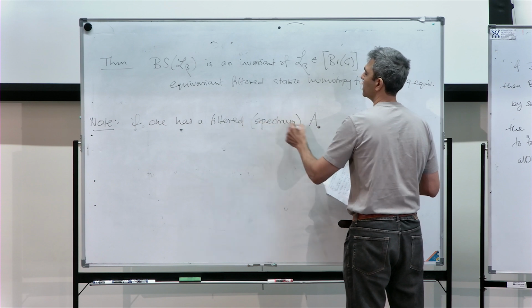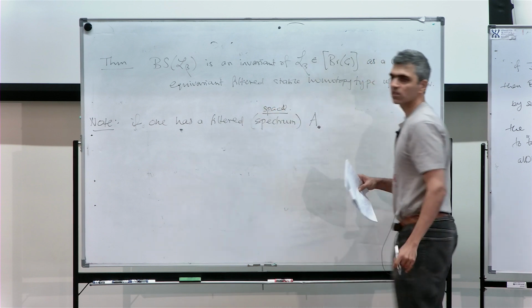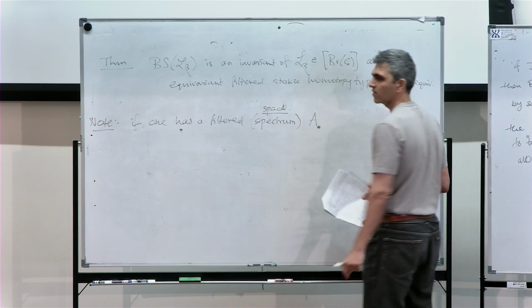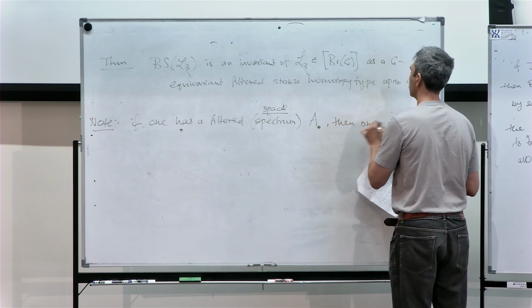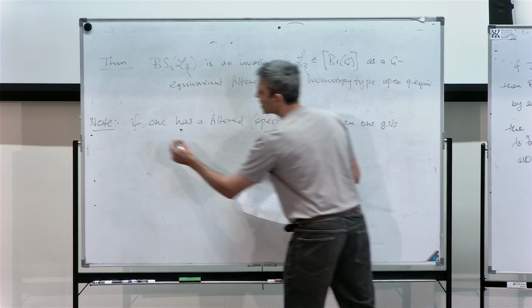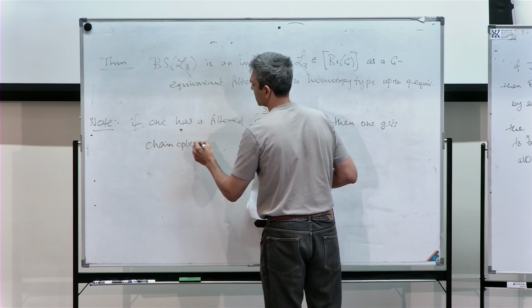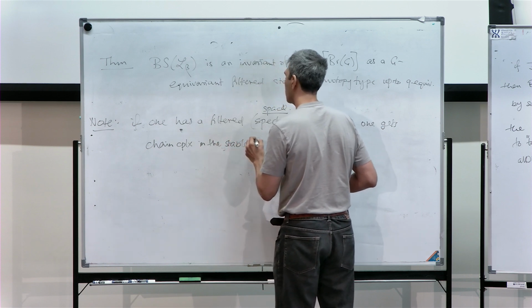Don't worry if you don't understand spectrum, just think of a space. You have a filtered space, A dot, where dot stands for the filtration. Then one gets a chain complex in the stable homotopy category.